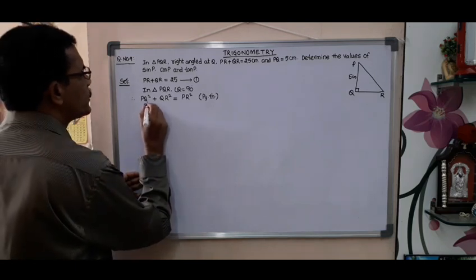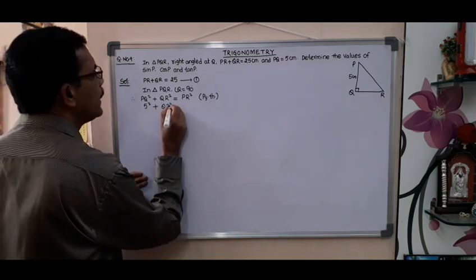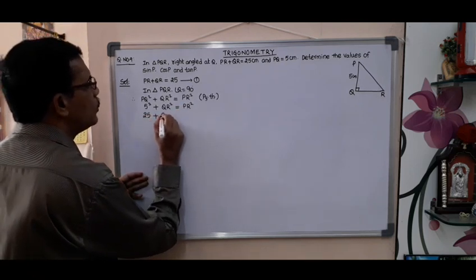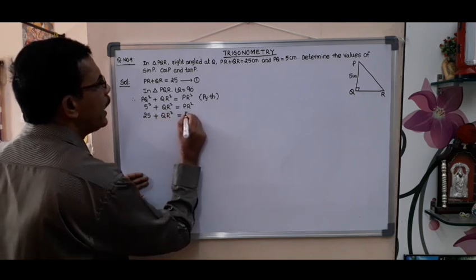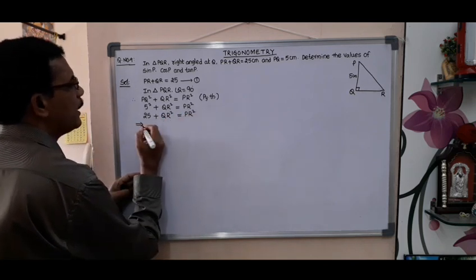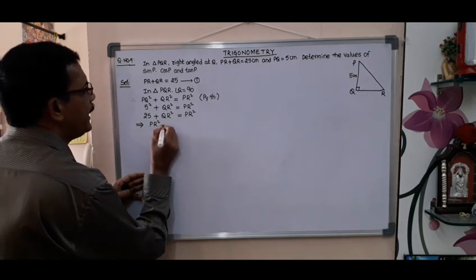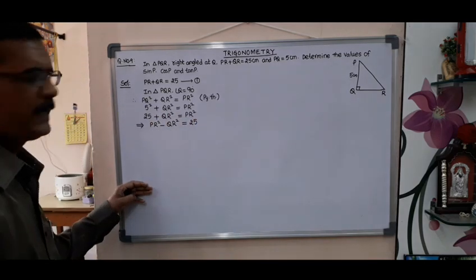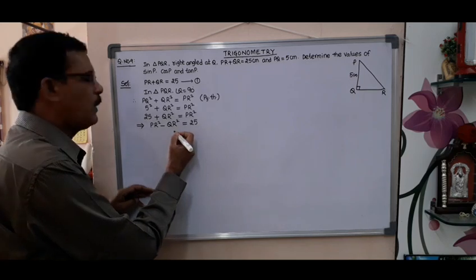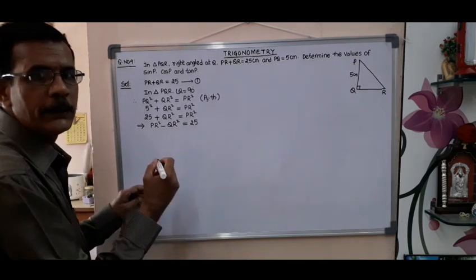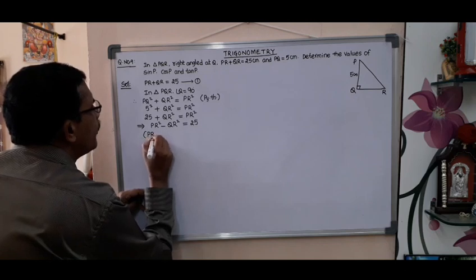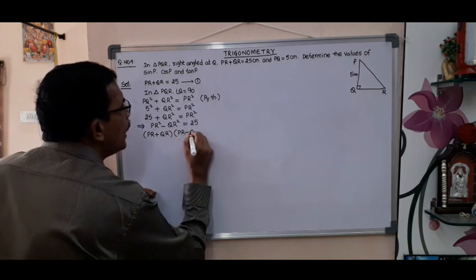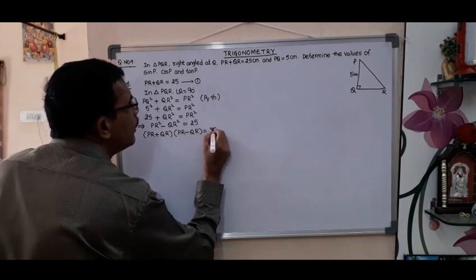PQ length is 5, 5 square plus QR square is equal to PR square. 25 plus QR square is equal to PR square, implies PR square minus QR square is equal to 25. It is in A square minus B square form. So, writing it as A plus B into A minus B, PR plus QR into PR minus QR is equal to 25.